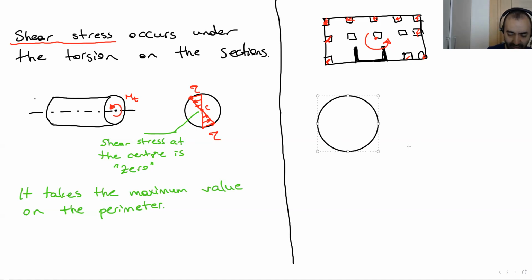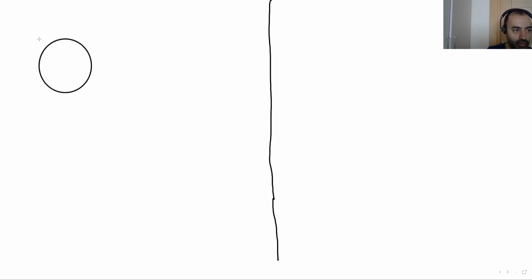By the way, let me write this equation on the next page. I'd like to complete all the equations in one page. That's better. Yes, here we go. Let's write this circular. Yes, I have this circular section.